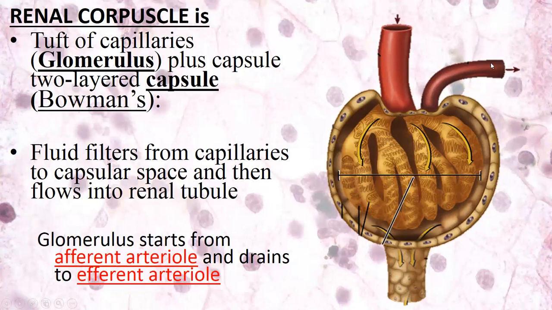This difference of diameters results in the formation of hydrostatic pressure in the capillaries, because this arteriole can carry away less blood than this arteriole carries to the capillaries. That's why under this pressure, some amount of fluid should go somewhere, and it goes through the wall of the capillaries to the cavity of Bowman's capsule, and it's the formation of primary urine. So hydrostatic pressure provides filtration in this region.